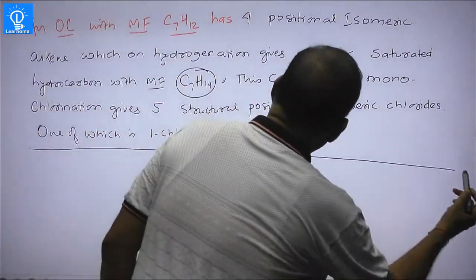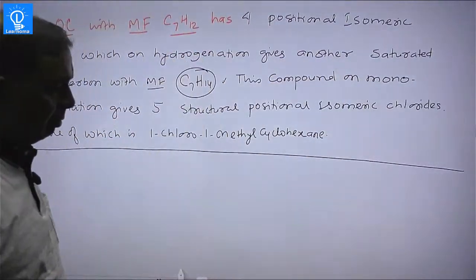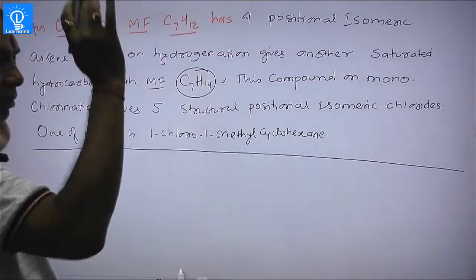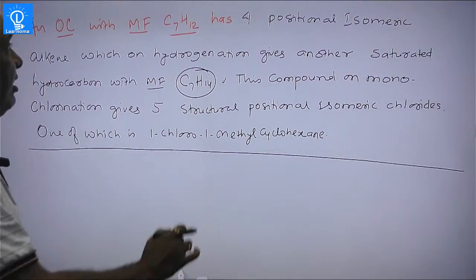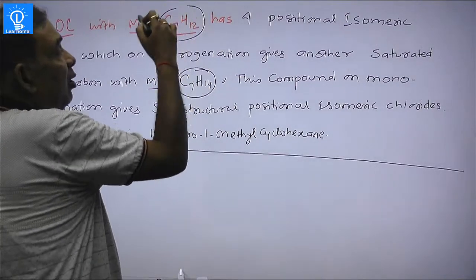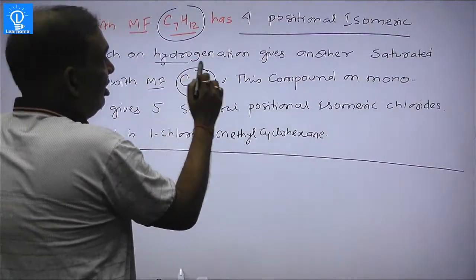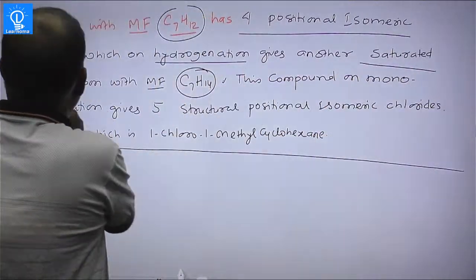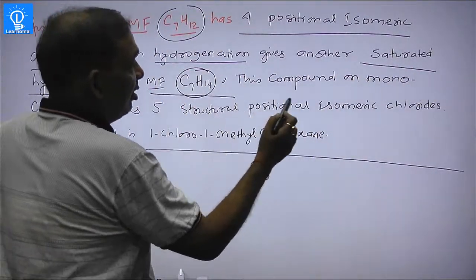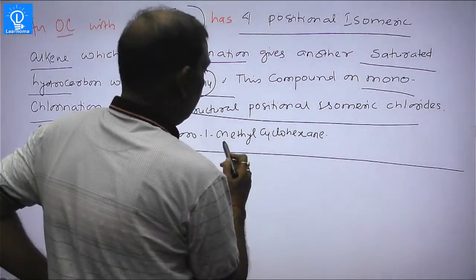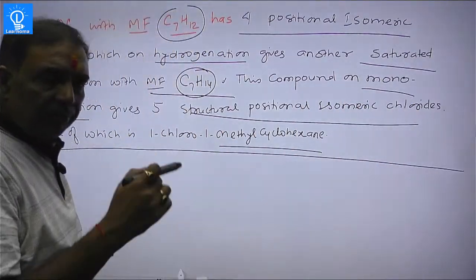This question looks like a demon. Very tough question. Unknown organic compound, 4 positional isomer alkene, hydrogenation, saturated hydrocarbon, molecular formula this, compound monochlorination gives this.